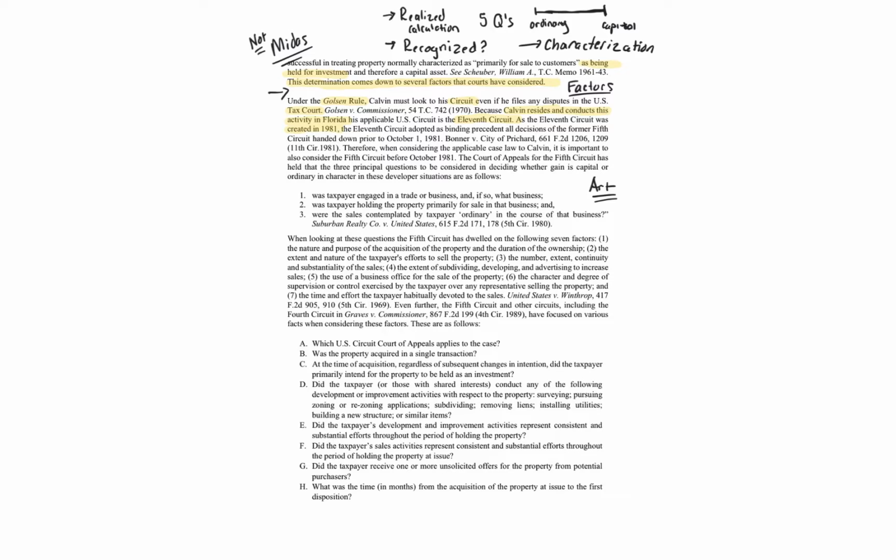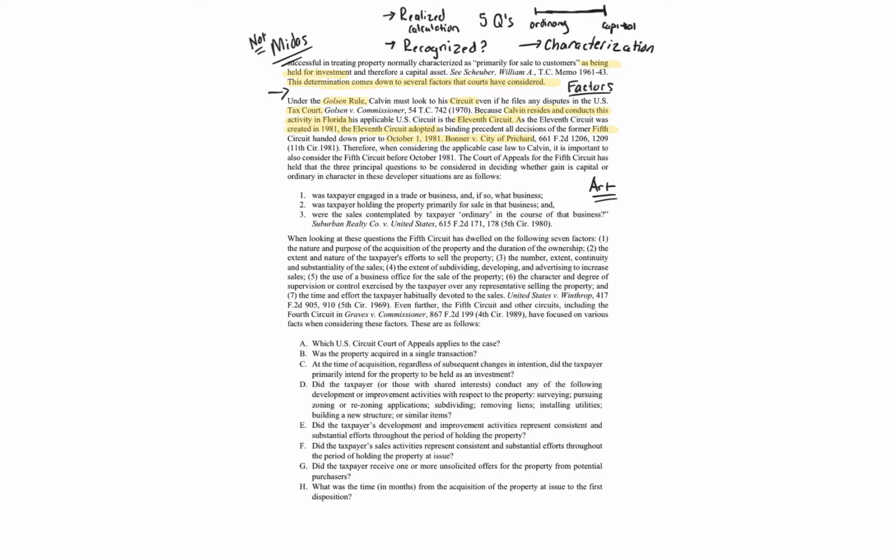Now, there's a case, Bonner versus the City of Pritchard. It basically says that the 11th Circuit adopts all 5th Circuit cases before October 1st, 1981, because that's when it was created. The 11th Circuit, which is Alabama, Florida, and Georgia, used to be part of the 5th Circuit.